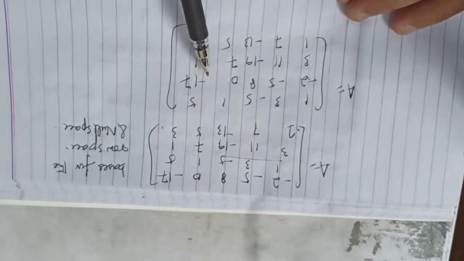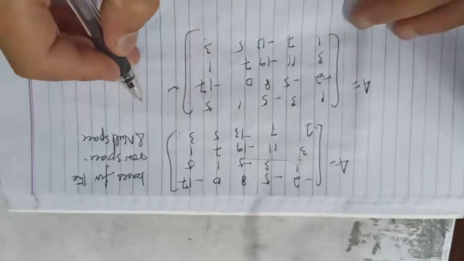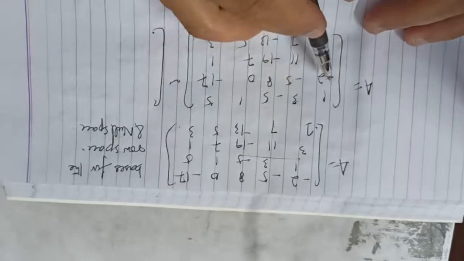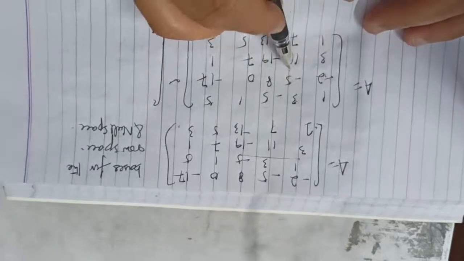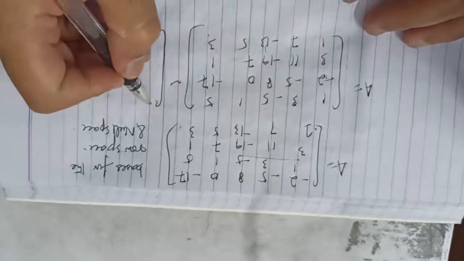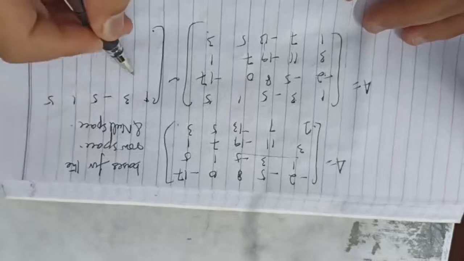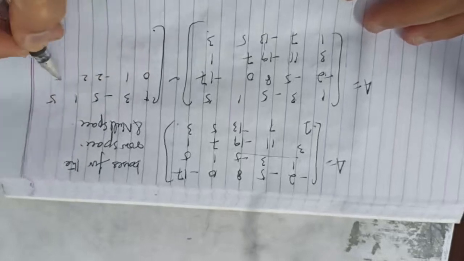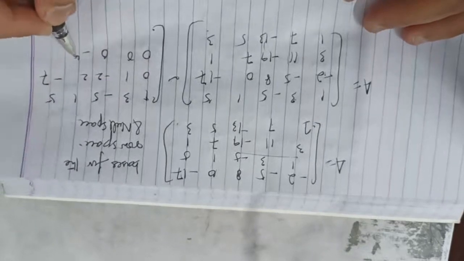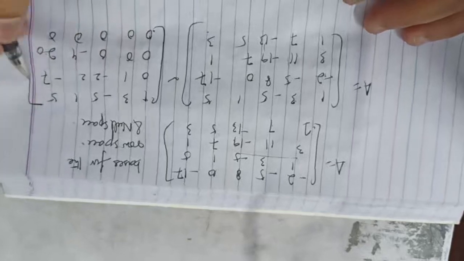If you do all these operations, and then do the subsequent rows and elements, you are left with 1 3 -5 1 5, 0 1 -2 2 -7, 0 0 0 -4 20, and 0 0 0 0 0.